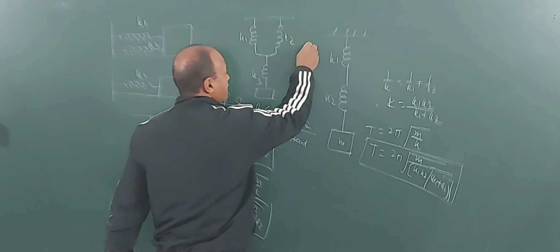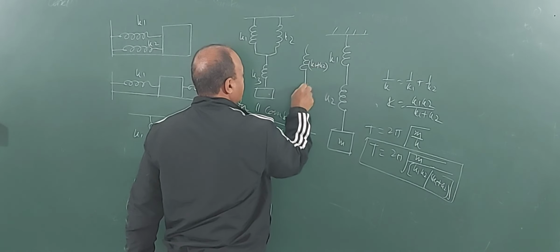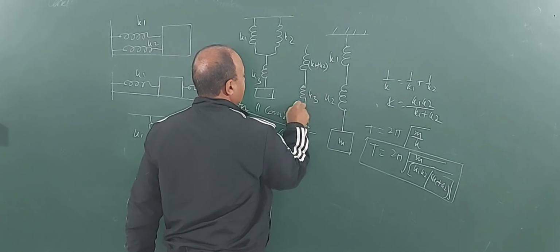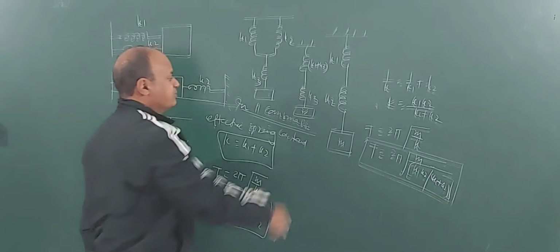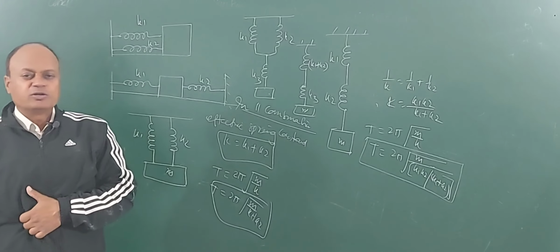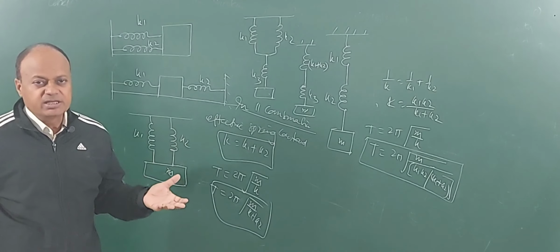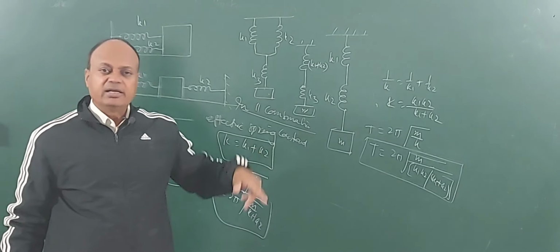So I can think like this, that this is a single spring having constant K1 plus K2, and this will be K3, and then here we have a point mass M. So we can calculate this by using this formula, and then I can use T is equal to 2 pi root over M by K. However, if it is frequency, then 1 by 2 pi root over K by M.